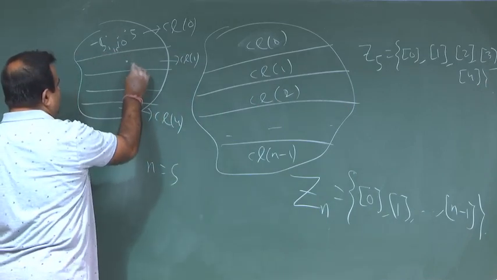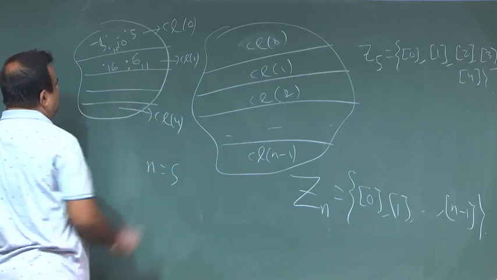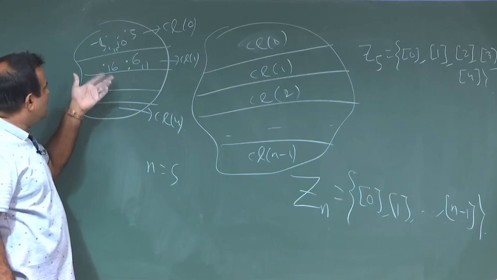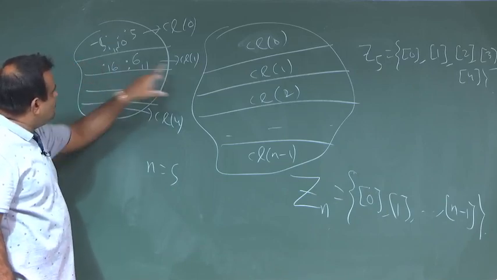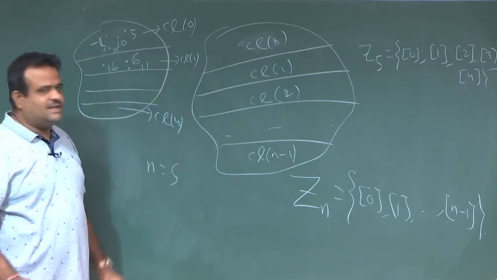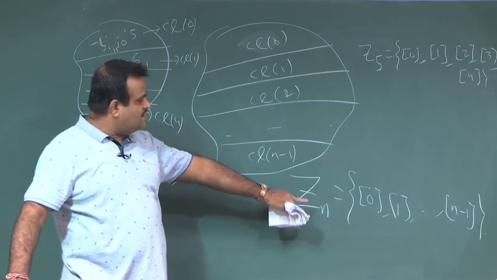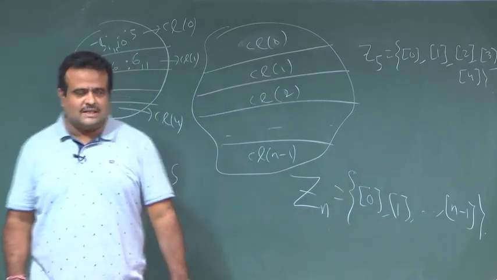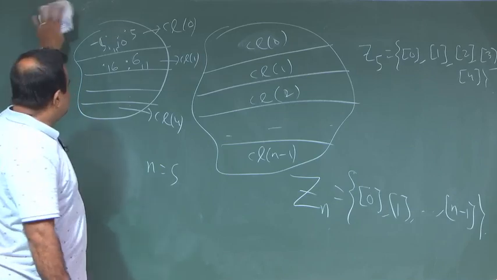Class 1 means these elements, say 6, 16, 11, because they are all related under this relation rho if their remainder is 1. So, these classes are basically Z5. In general, for n, there are classes 0 to n minus 1, so n classes. This is how we define Zn.